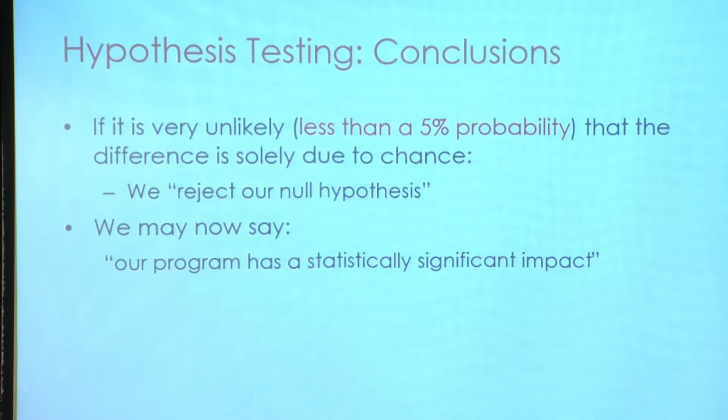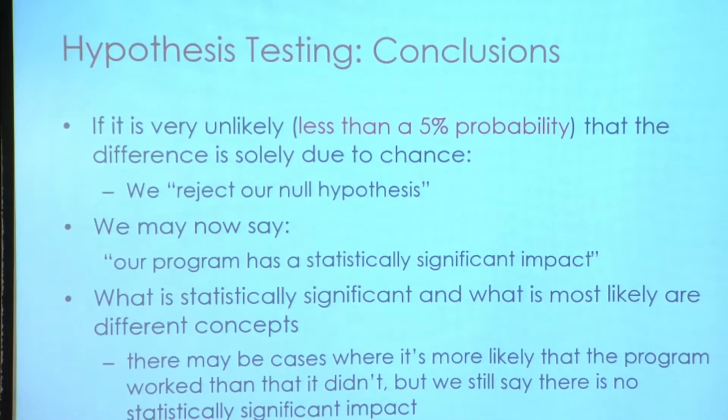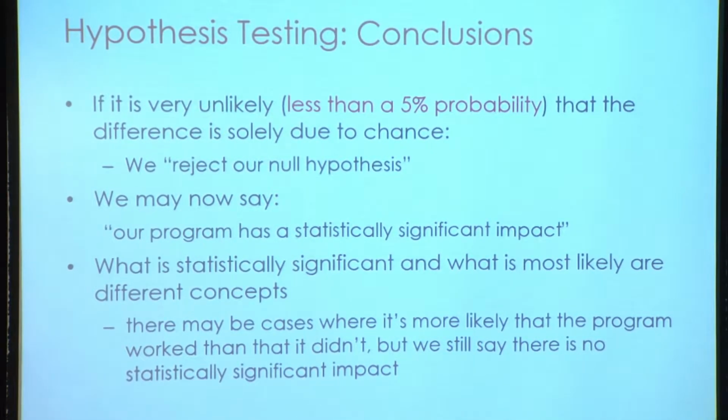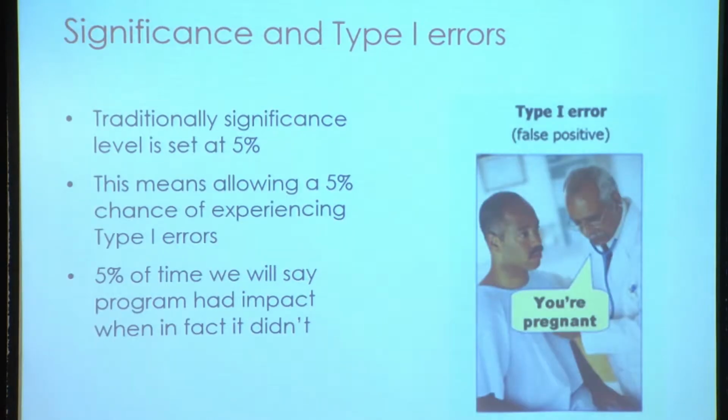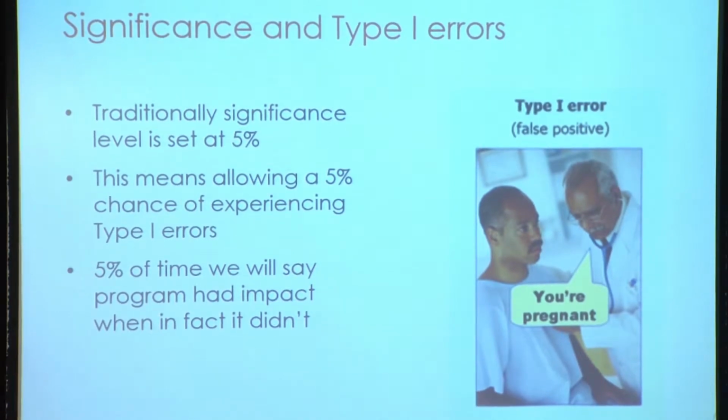When we say it's statistically significant, we're saying there's less than a 5% chance that it's just due to chance. There may be cases where the program actually worked, but we still can't say that there's a significant effect.